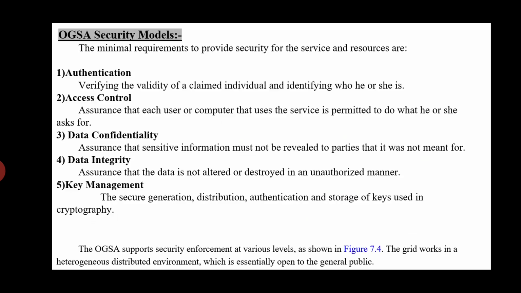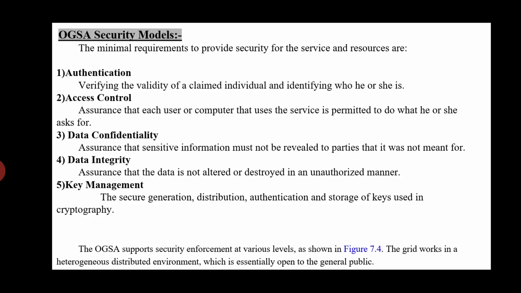First of all, authentication: whether the correct person is accessing, whether he is a verified, valid person or not, we have to check here. Authentication means verifying the validity of a claimed individual and identifying who he or she is.